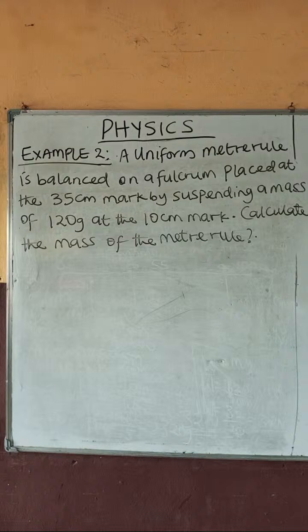If they say meter rule, that means a meter rule ranges from 0 to 100 and the half must be 50. But if they say half meter rule, that means it ranges from 0 to 50. The midpoint will now be what? The midpoint will now be 25. Okay? All right, just try. I have a few minutes to do that. I will solve. We are almost coming to the end of this class.